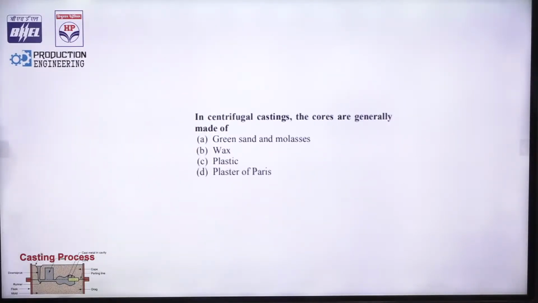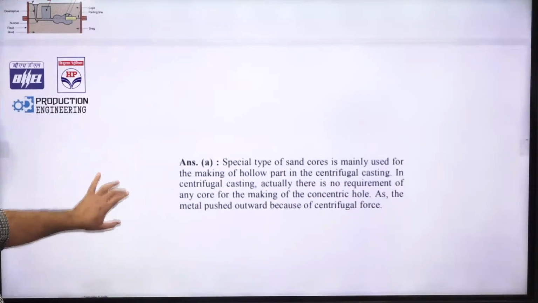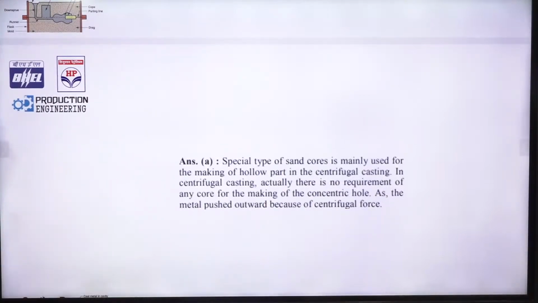Centrifugal castings do not have cores. But if he ever asks you what cores are used, they are nothing but green sand only, if this is used. But normally, as I told you, they do not have cores. So centrifugal casting में core नहीं होता, but if at all you have to use, then a special type of sand core is used in centrifugal casting.